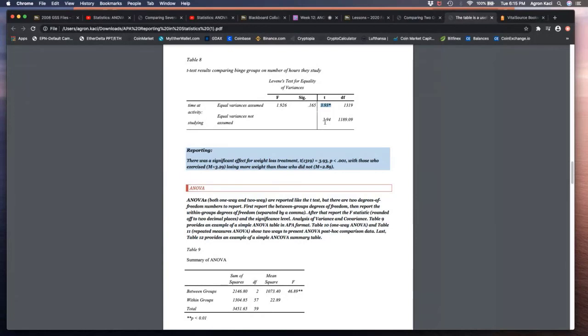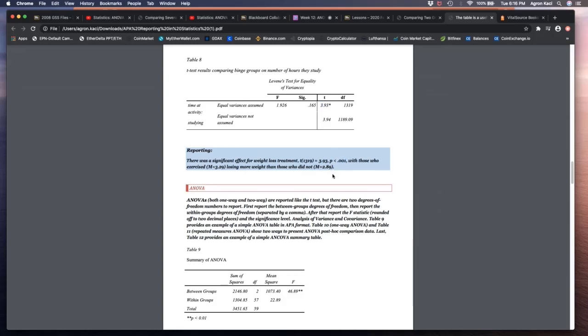Now, in terms of how you would write that in the report, if the null hypothesis was rejected and you accepted the alternative hypothesis of finding a significant difference, then you would say that there was a significant effect for weight loss treatment. You put the t in parentheses, the degrees of freedom, then equals the t, and then a comma and the p-value.